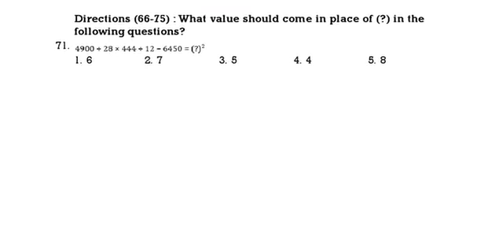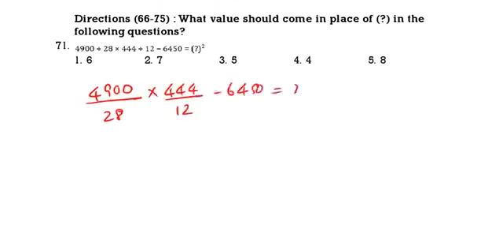4900 divided by 28, into 444 by 12, minus 6450 is equal to x square. Now we have to do the calculation. 7 fours are 28, 7 700s. 4 ones, 4 111. 3 fours, 337.